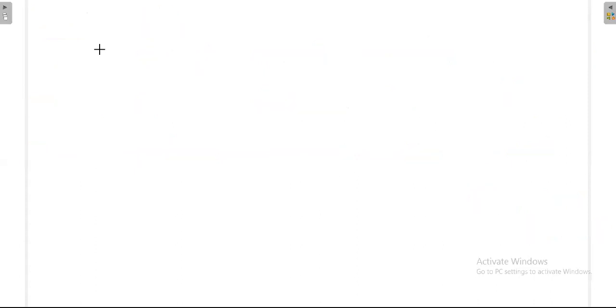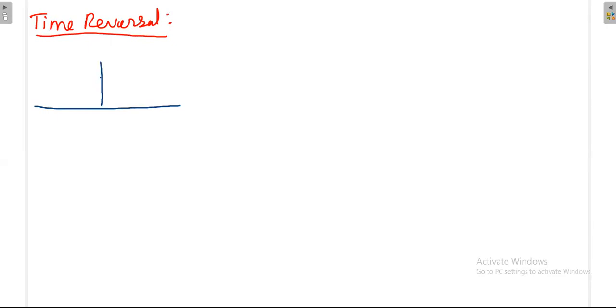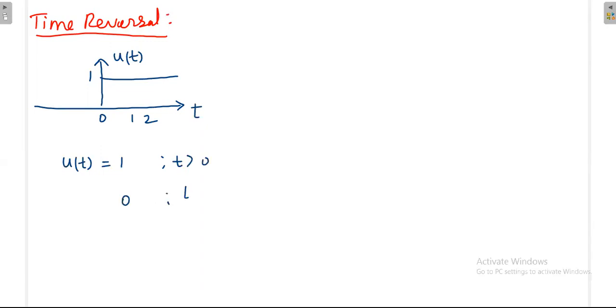The first property is time reversal. So for example, if you have unit step function like this, u of t, and mathematically it is denoted as u of t is equal to 1 when t is greater than 0, 0 when t is less than 0.